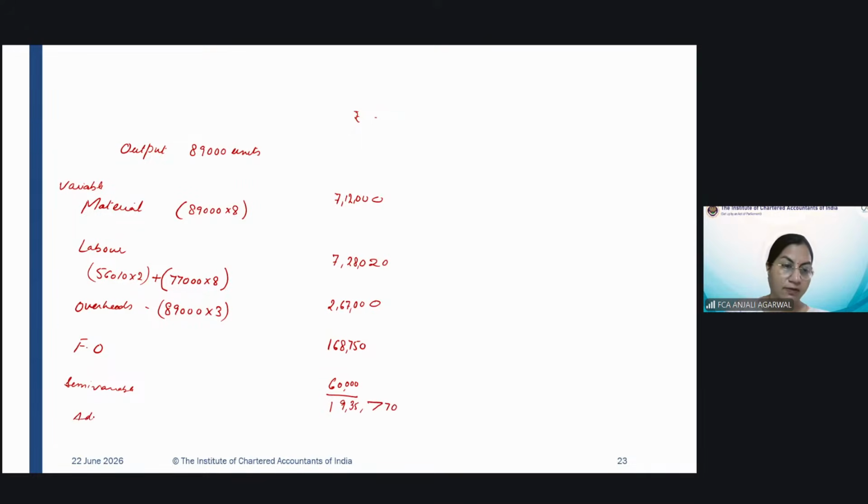And we have to add profit, 1/3 on cost. We can also say 25% on selling price is 33.33% on cost. So it's 6 lakh 45,257. I'll round off this time. And therefore your sales value should be 19 lakh 35,770 plus 6 lakh 45,257. Okay.